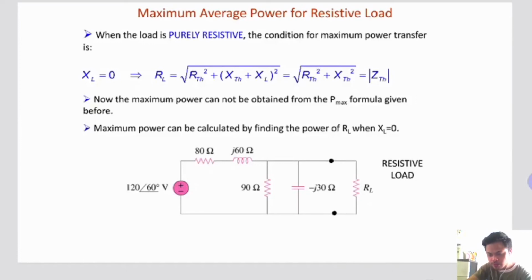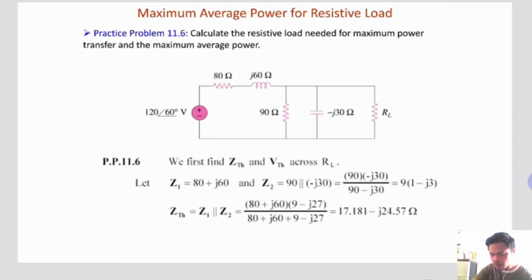For a purely resistive load, the maximum average power transfer can be calculated by finding the power of RL when XL is equal to 0, for resistive load only. So we will take RL instead of XL.